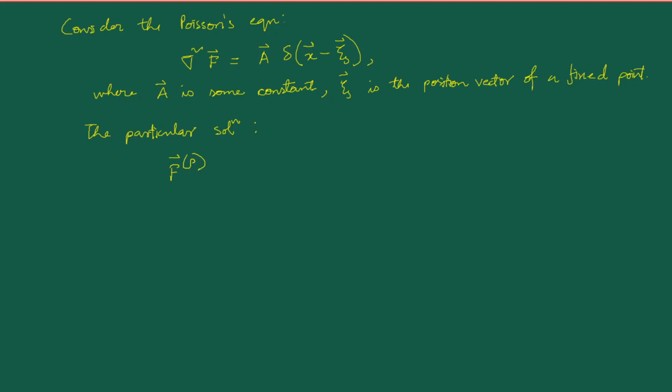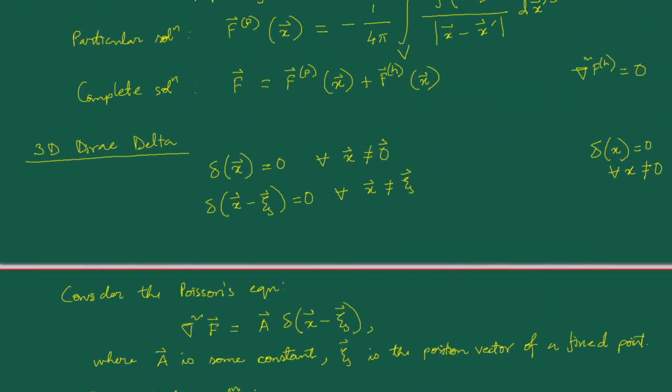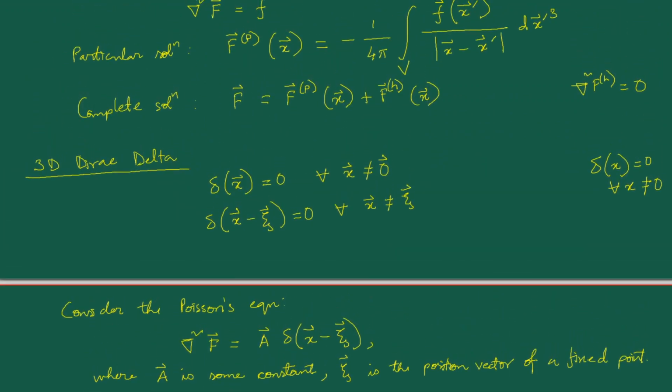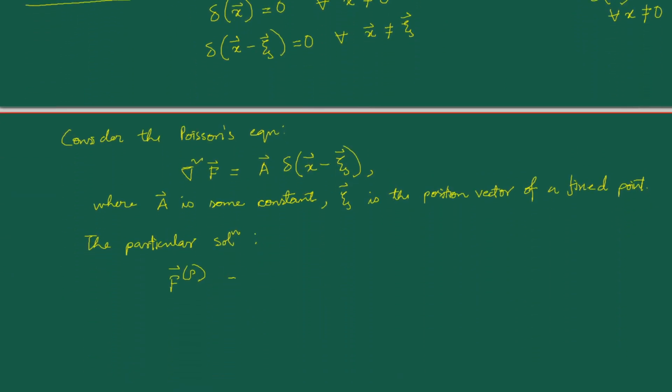let us check in the previous page what we had written. There was a minus 1 by 4 pi here. So this minus 1 by 4 pi, we'll write it exactly in this fashion, only replacing this f vector of x dash by what we have in the present case. So this is minus 1 by 4 pi, just substituting the f vector by this thing.